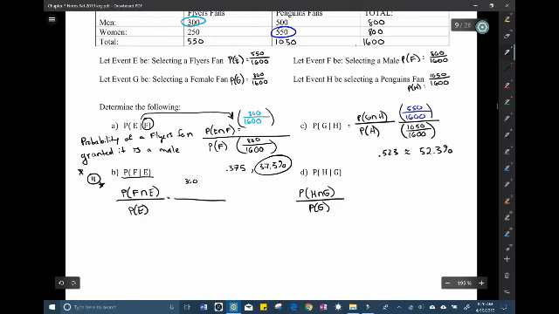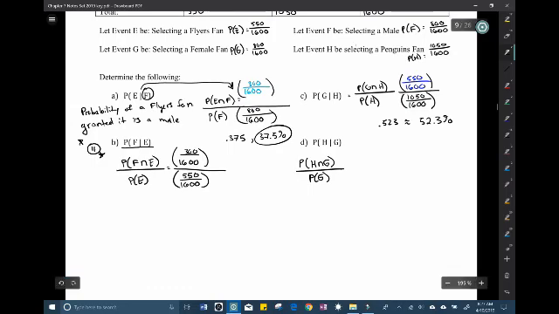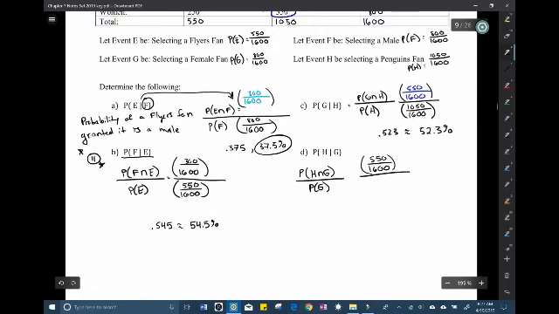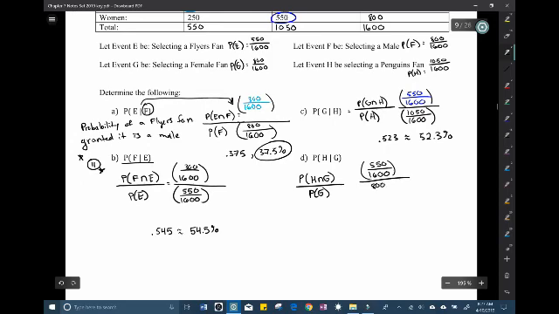So 300 over 1600 again. This time E down below, 545. And for the other one, the probability that it's a female, 800.